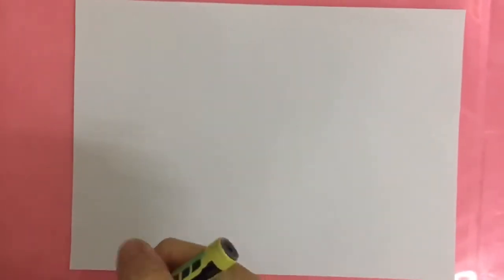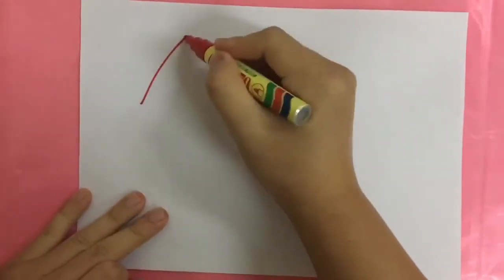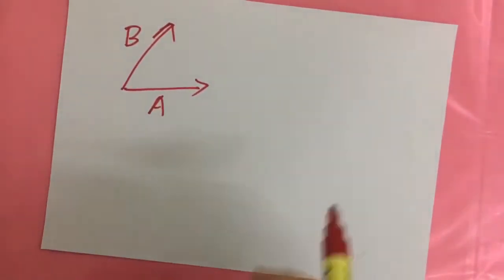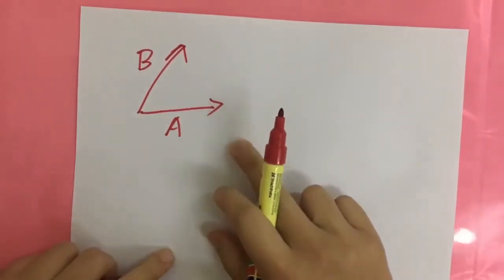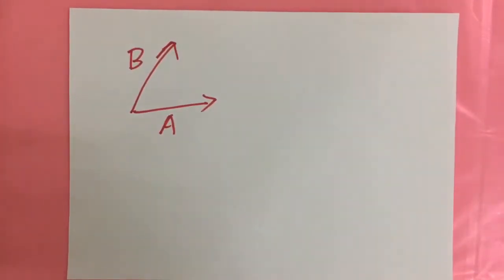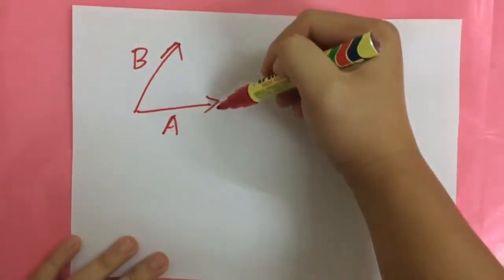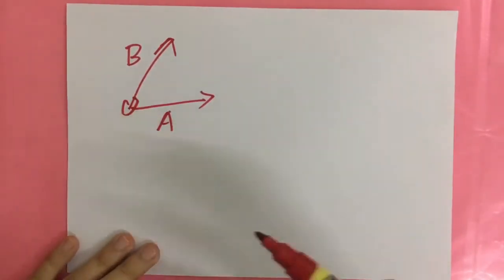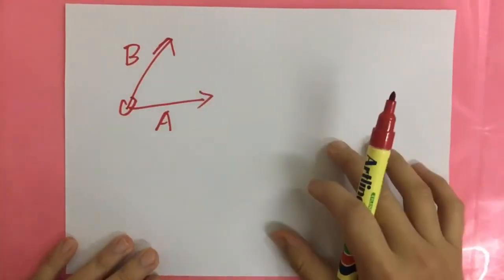The next diagram is one where B is going up and A is going towards the positive x direction, and B is going upwards with an angle. How do we find the resultant vector between the initial point and the final point? First of all, we need to find the final point for this image.